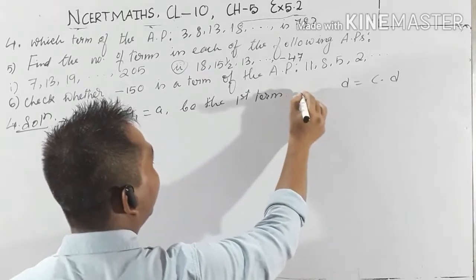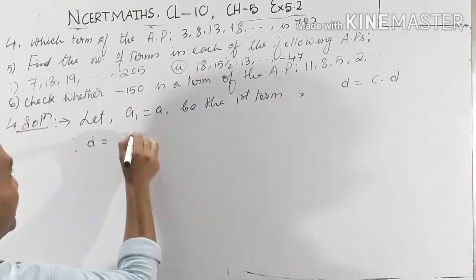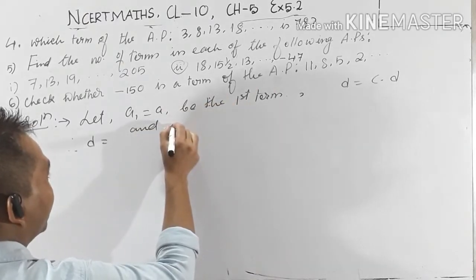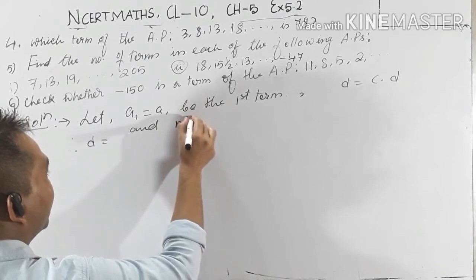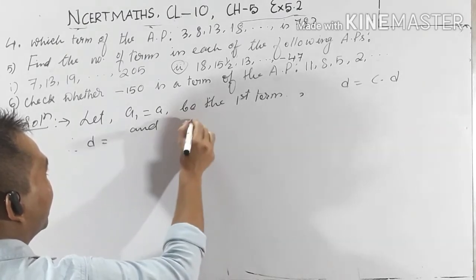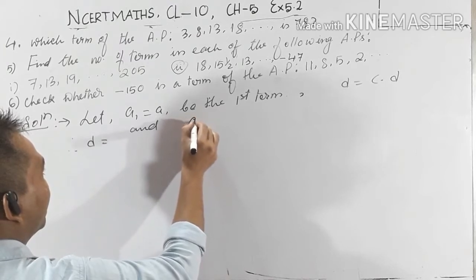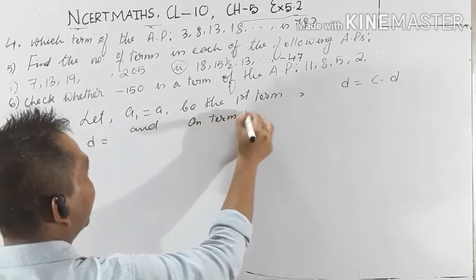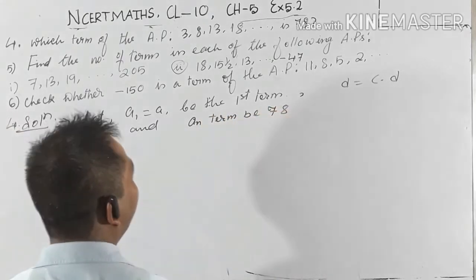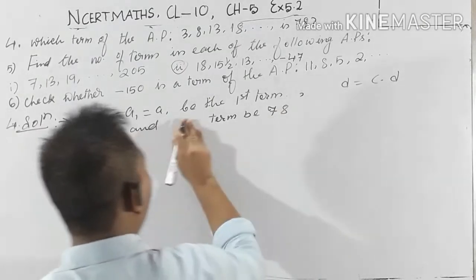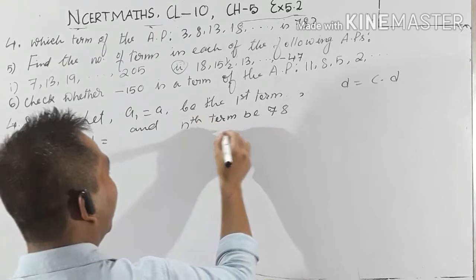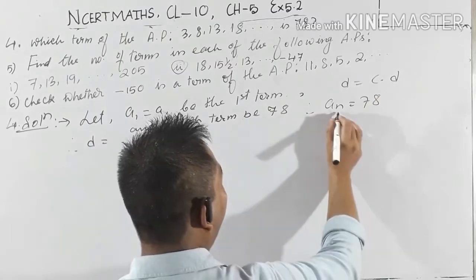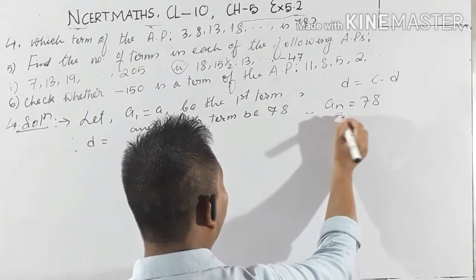Just you put here a comma. Then, n term be 78, right? So here you write n term be 78. Then therefore an equals 78. Okay, then we have to find this, right?